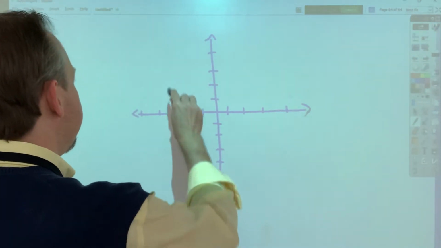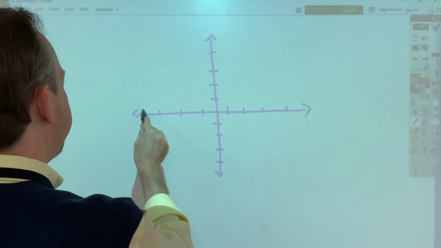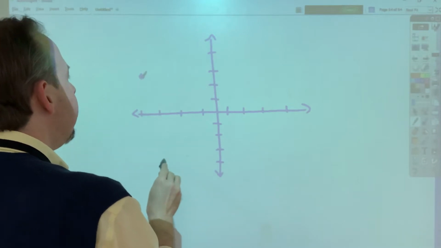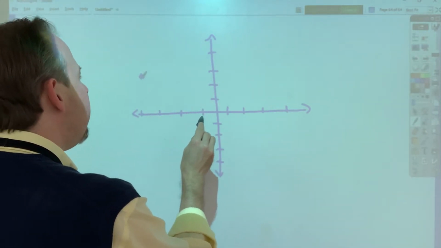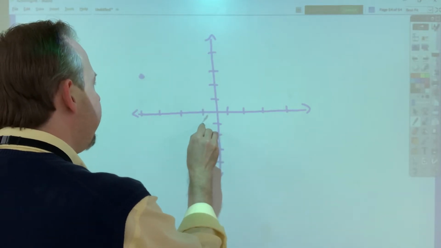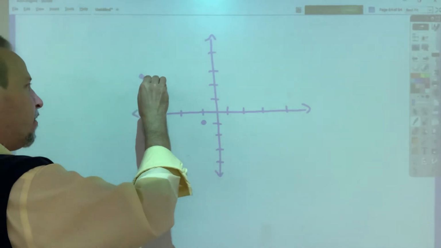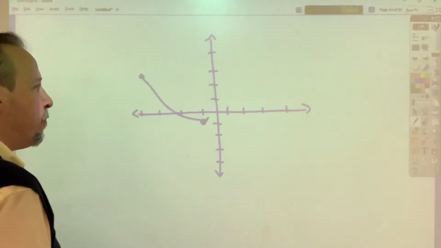But we'll say that at -4, +3, it's got a dot, and it's going to continue in a, let's say, decreasing way all the way down to -1, -1. It's not going to be a straight line necessarily, but it's continuing in a negative direction.